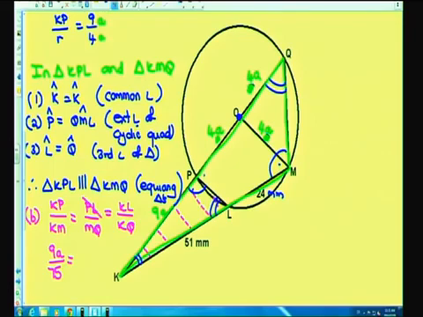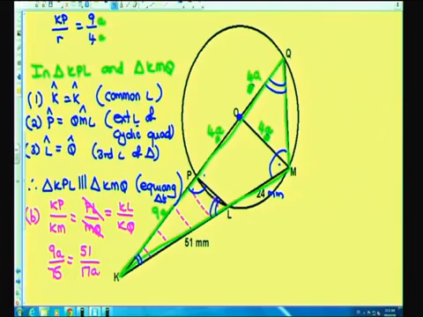PL I don't know anything about. MQ I know nothing about. KL I know is 51. And KQ is that whole length, which will be 9 plus 4 plus 4, so it will be 17a.